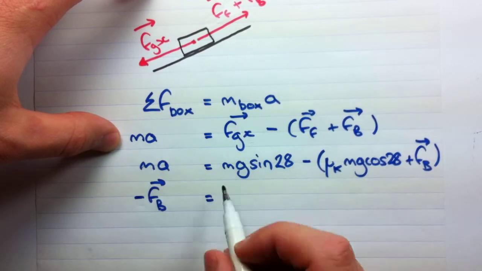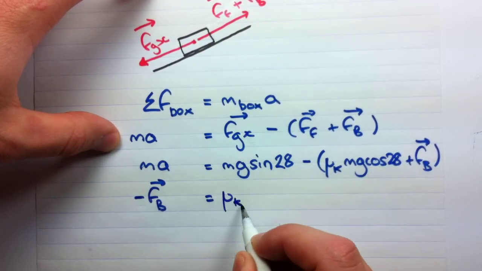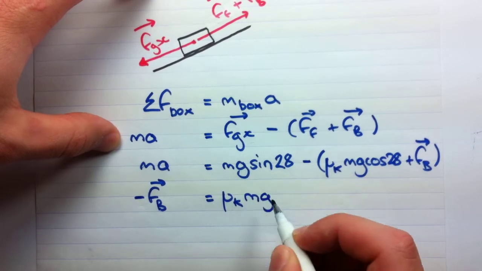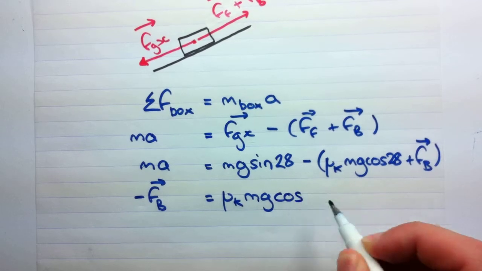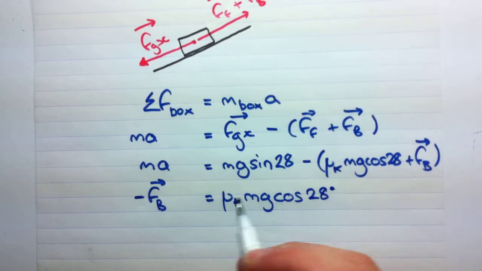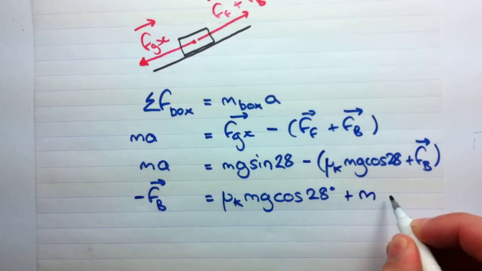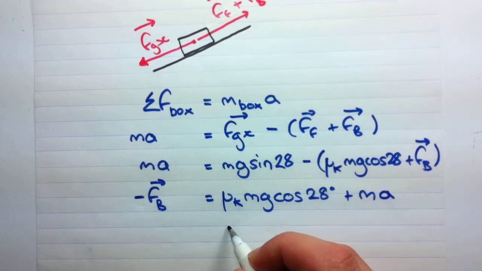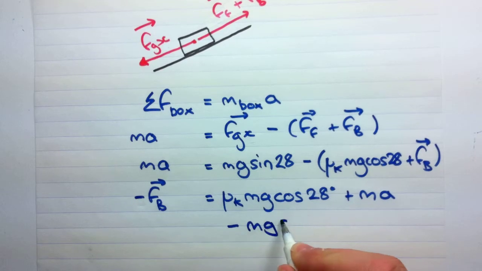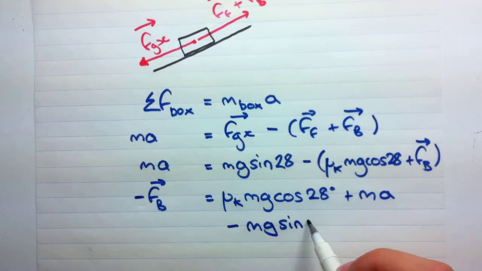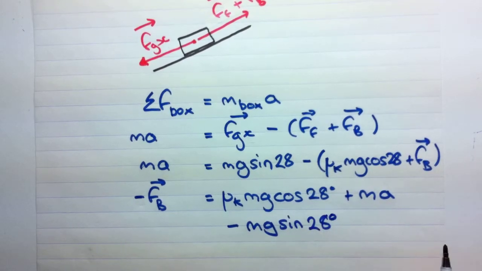So we need to add this because it's minus on that side. This is also added because it was already on that side, and then we have to subtract that off both sides. So now we've got an equation for the force of the boy.